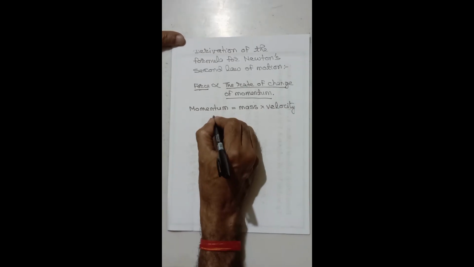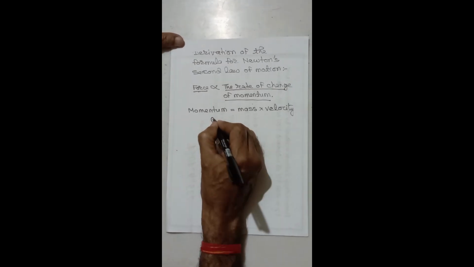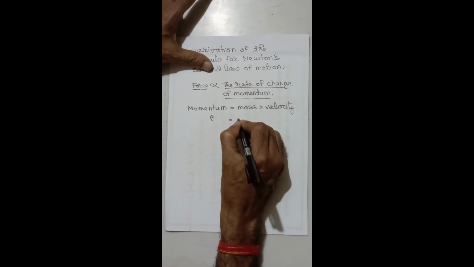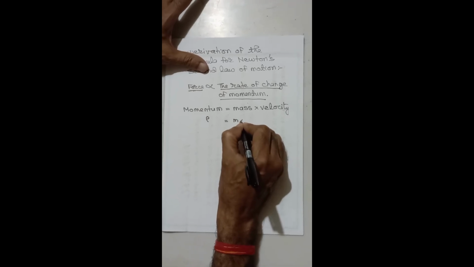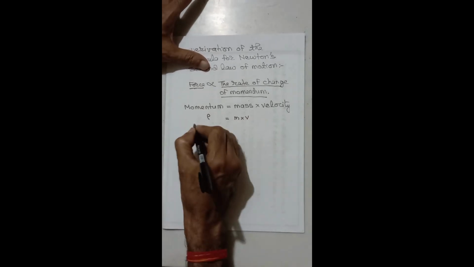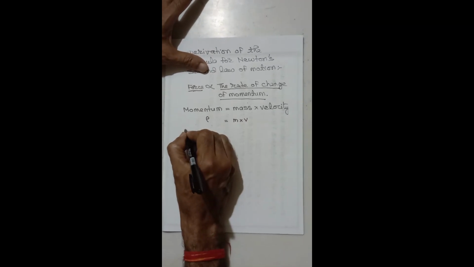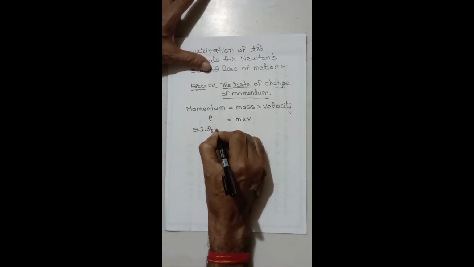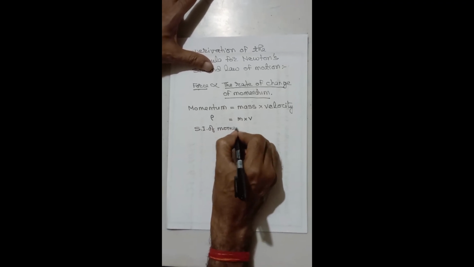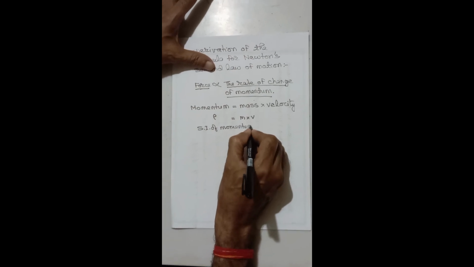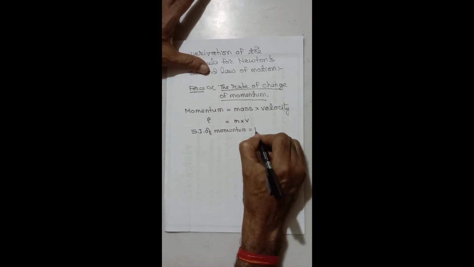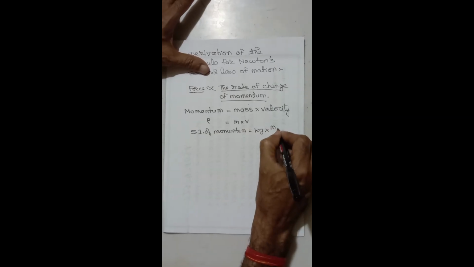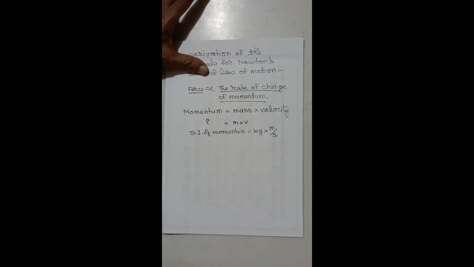Momentum is denoted by P, so P is equal to M into V. The SI unit of momentum is kg for mass into meter per second for velocity.